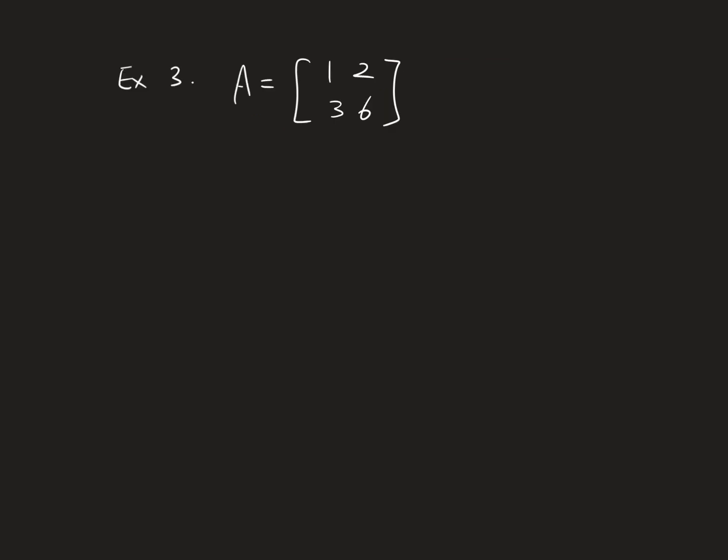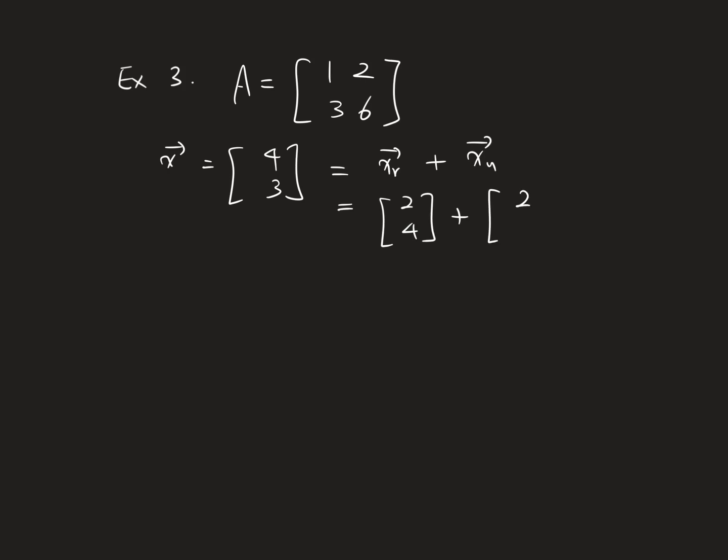In this example, we're going to decompose the x vector, which is 4, 3, into two components. One is a row space component, and the other is a null space component, which is 2, 4, and 2, minus 1.